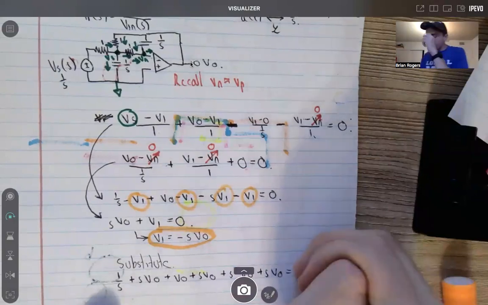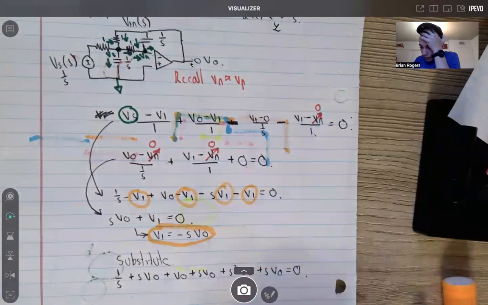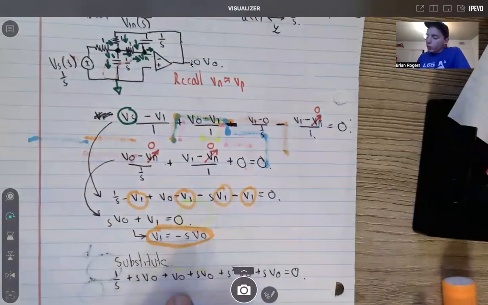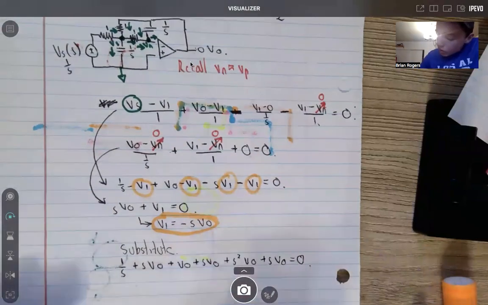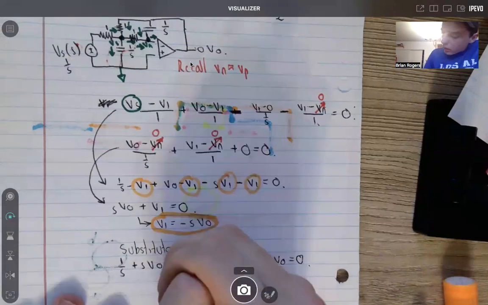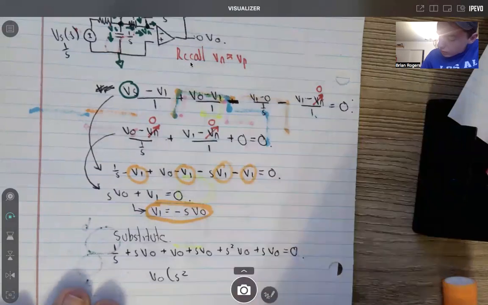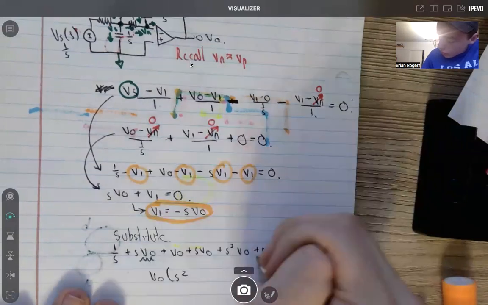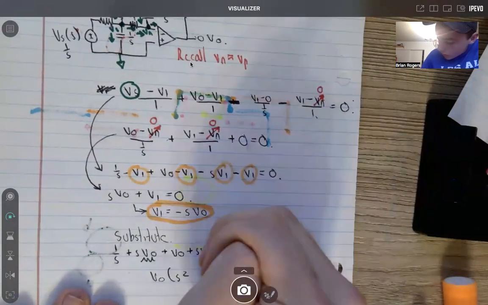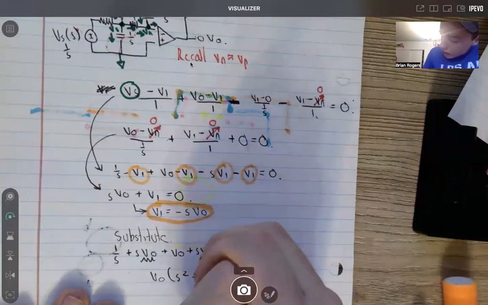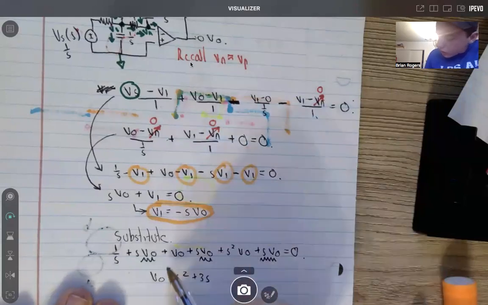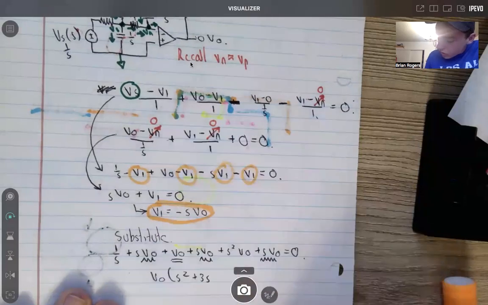Okay, so now we got it in this format. And now what we need to do is get the V outs all together. So V out, and then what I see here is we have an S squared. This term is going to combine with this term, so plus 3S. And then here I just have this term, V out, so that's 1. I don't see any other constants.